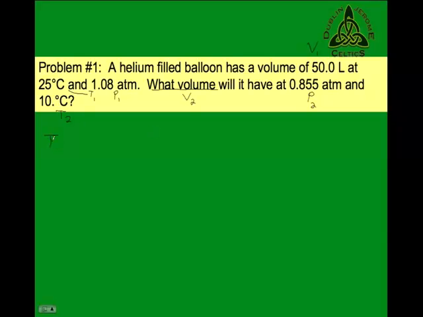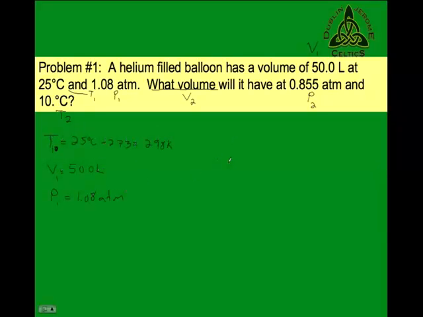Initially, I have a temperature, T1, of 25 degrees Celsius, which is, add 273, 298 Kelvin. My initial volume is 50 liters, and my initial pressure is 1.08 atmospheres.